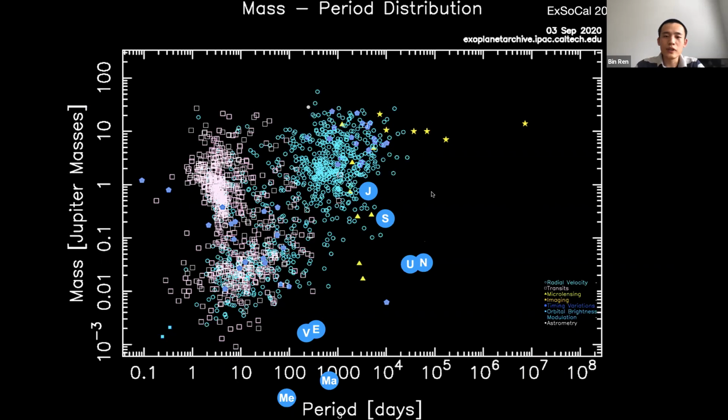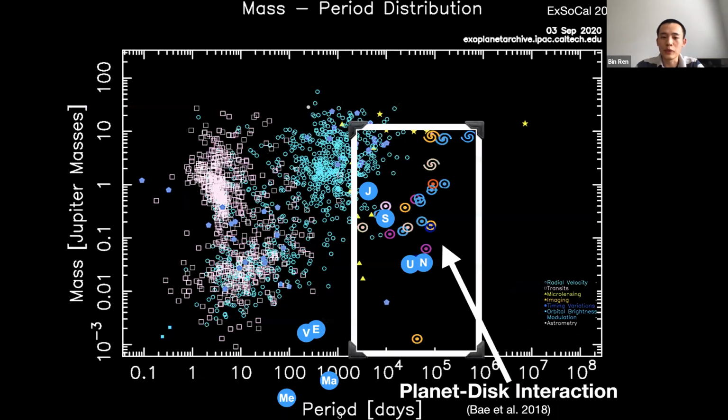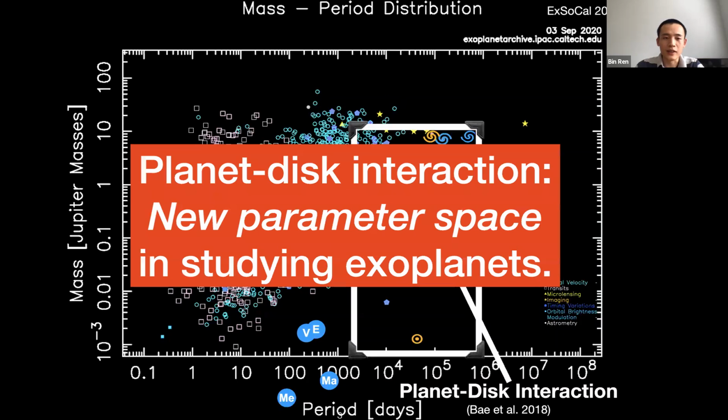And when you look for the mass and location of planets that are expected in theory, they are here. So actually, when you find a spiral arm system or a ring system, then they're probing the long orbital period parameter space, and that is the new parameter space in studying exoplanets.